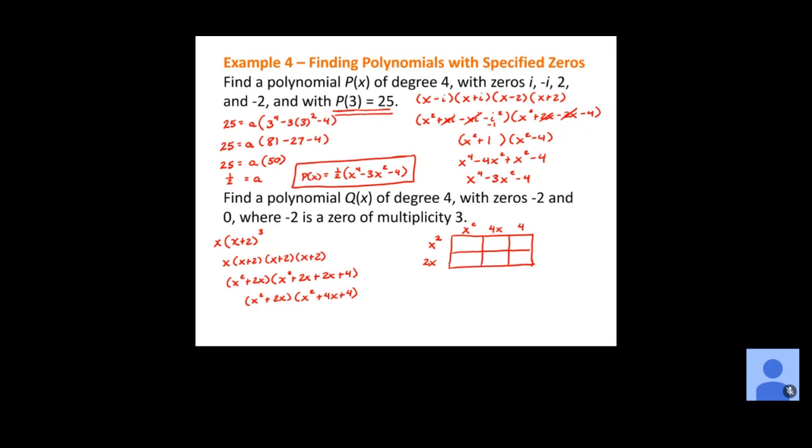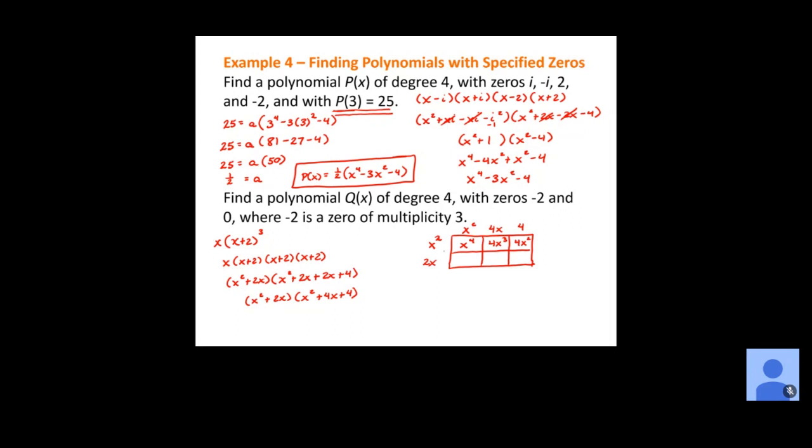All right, so now let's fill in our boxes here. X squared times x squared is going to be x to the 4th. X squared times 4x, 4x to the 3rd. X squared times 4, 4x squared.